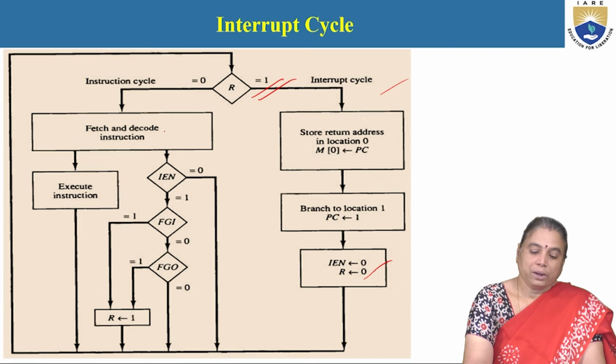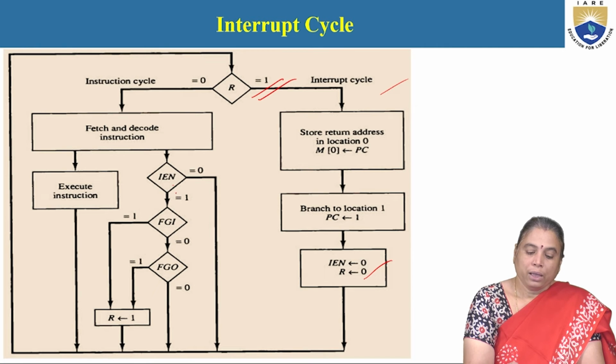So, during fetch and decode of an instruction, if IEN is enabled, which indicates that an IO interrupt can be enabled, then for the input device FGI is equal to 1, and for the output device FGO can be 1.